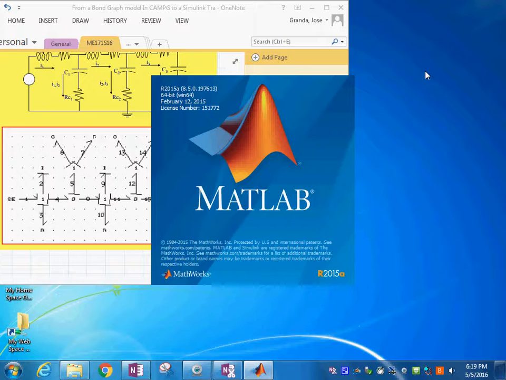So we need to do two things. We need to tell what the output is, and then we need to do the initialization of the values.